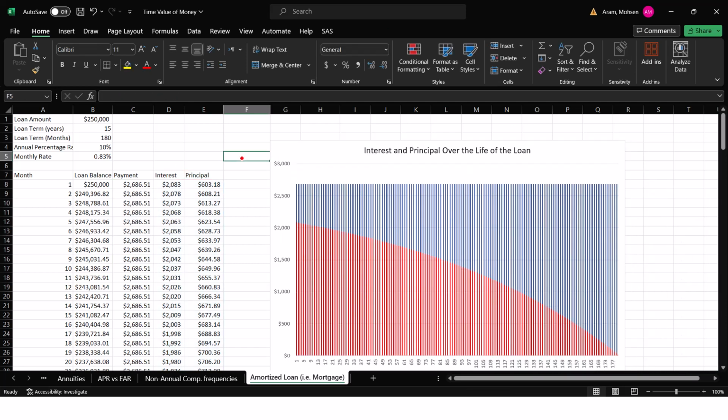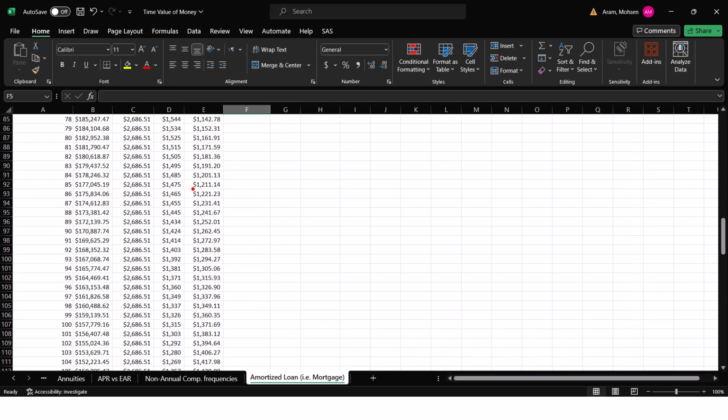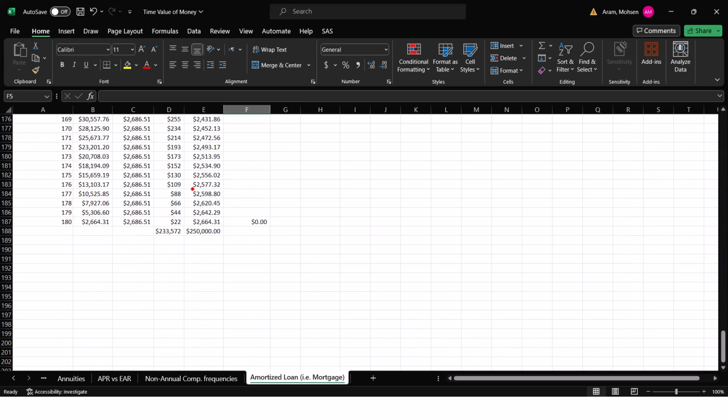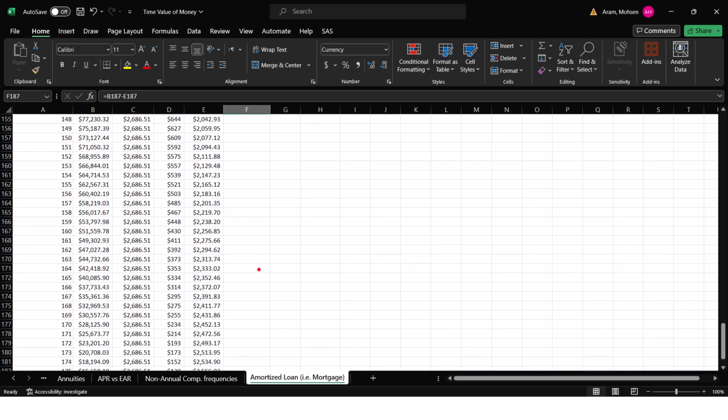So if you do this for 180 months, you see that the total principal that you pay on this loan is going to be, of course, the 250,000 original amount that you borrowed, and $233,000 in interest is paid. Of course, the balance of the loan would be zero at the end of the life of the loan.